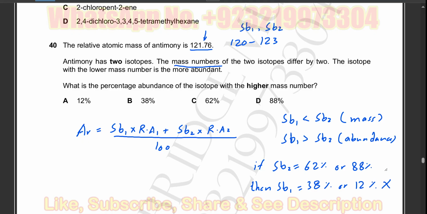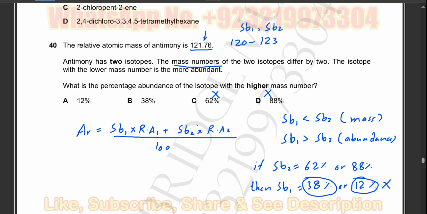That is not possible, because they are saying that the isotope with a smaller mass, Sb1, the lighter isotope, must have a greater abundance. It cannot have a smaller percentage than the other isotope, so options C and D become incorrect.